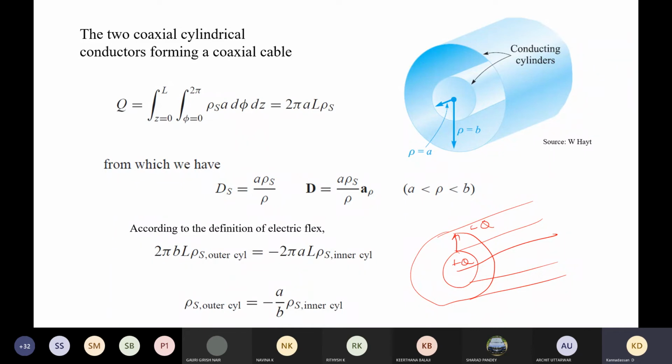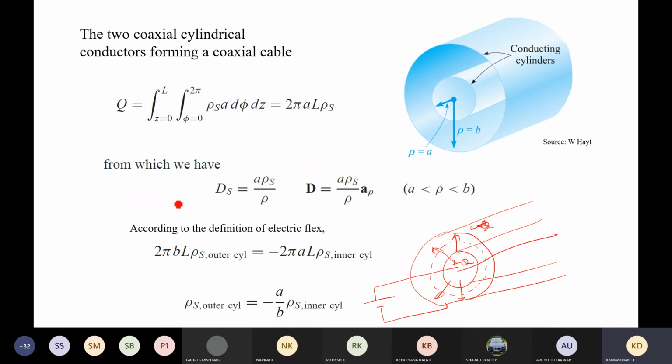I have connected a battery here, and another battery is connected here. So how will the flux lines form around that? If I draw the Gaussian surface just around that, then I can easily calculate the total charge Q.